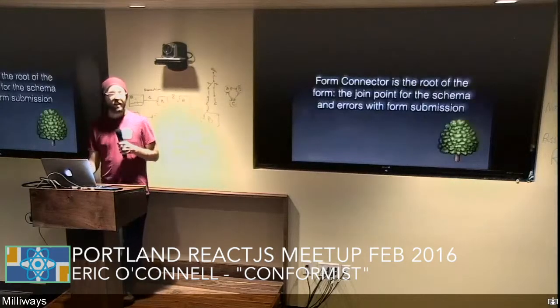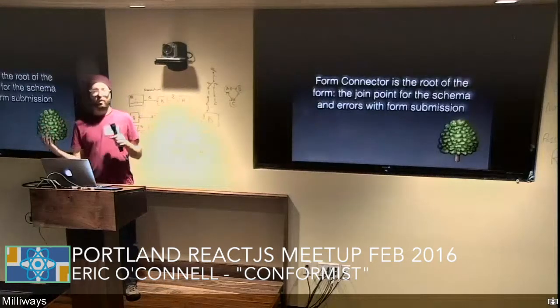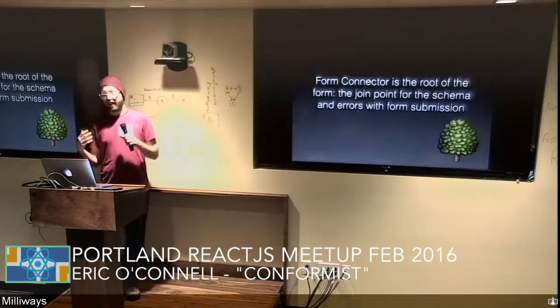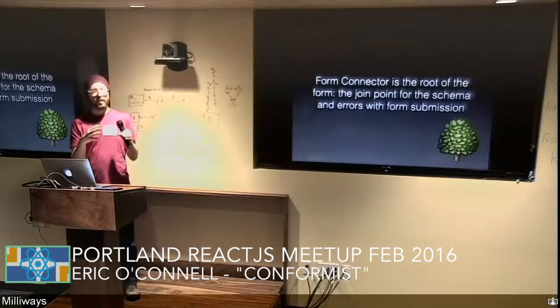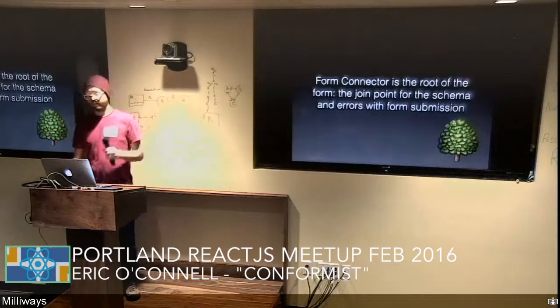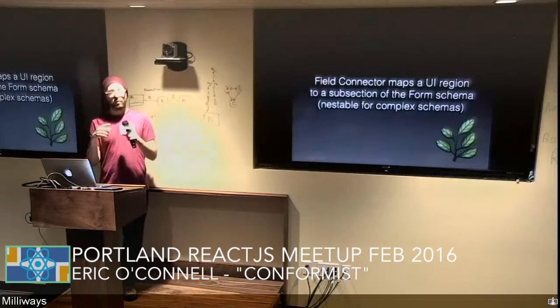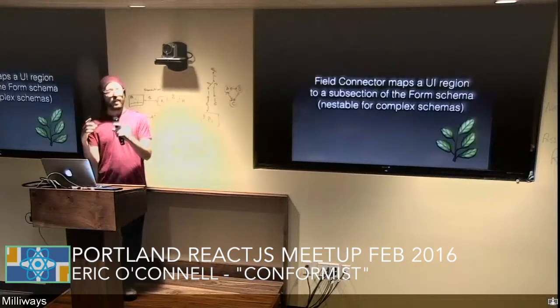But basically, you take a form UI component, and then you form connect it. And that joins a Conformist schema to a user interface element that you've defined. So that's the top of it all. Inside, you have field connectors, which set up within that schema that we're talking about this one field or this group of fields.